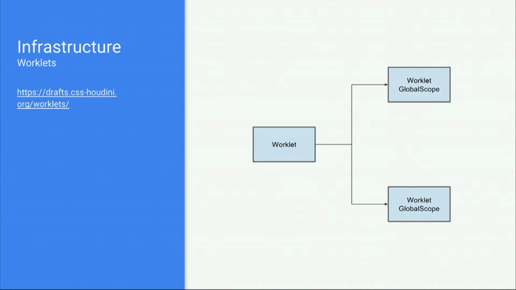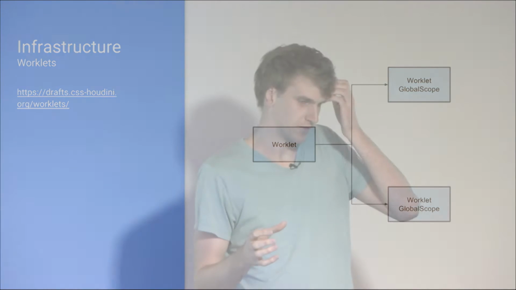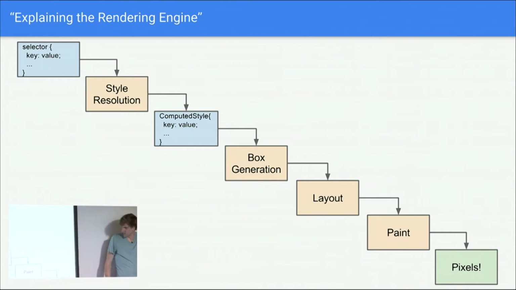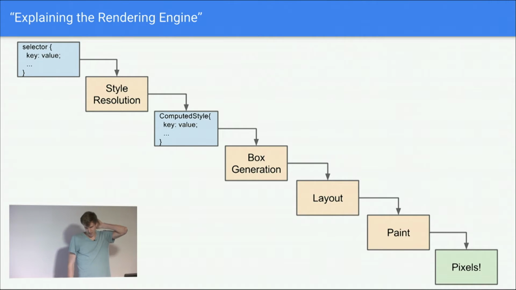So now I'm going to talk a little bit about the infrastructure needed for Houdini. The really scary thing for browser vendors about exposing hooks, especially from box generation down, is that this is getting into synchronous code in the middle of the engine, and this is kind of scary.